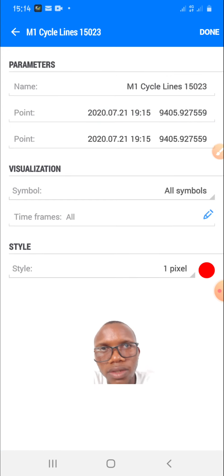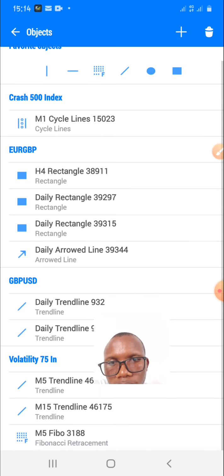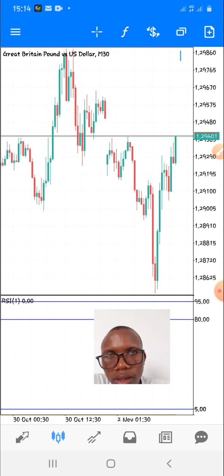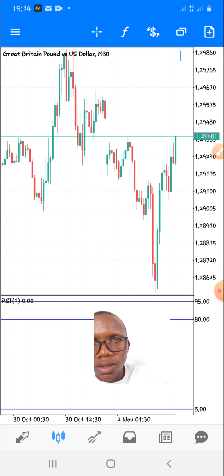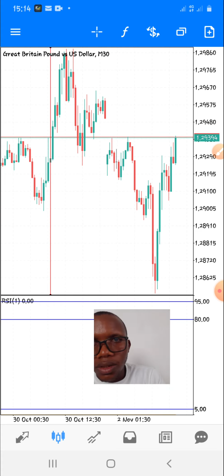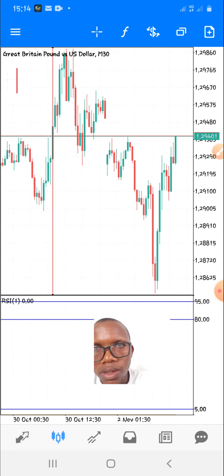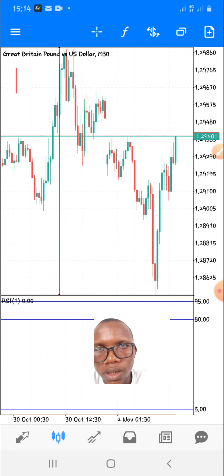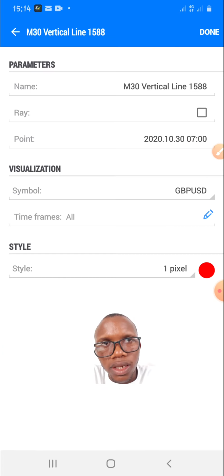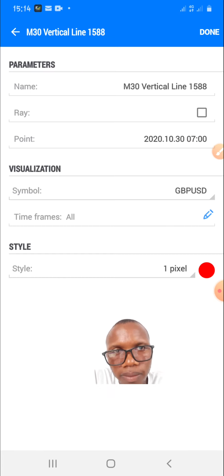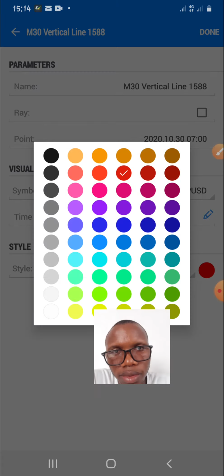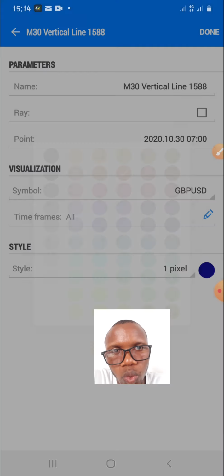Okay, what about this one? Not this one. I'm sorry, I need some settings here. Let's make it blue.